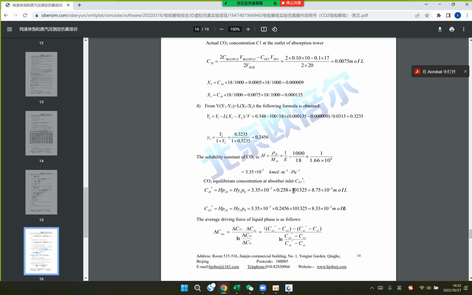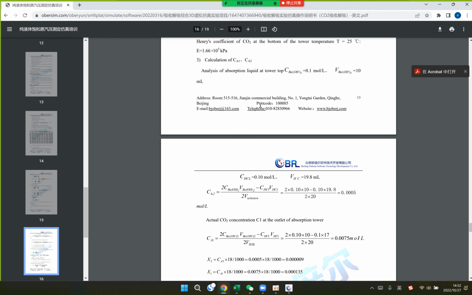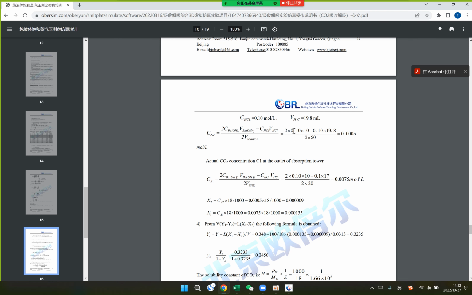But the real one is calculated from the acid-base titration experiment. We use some HCl to be consumed for the titration. So how much we used for the calibration is here.